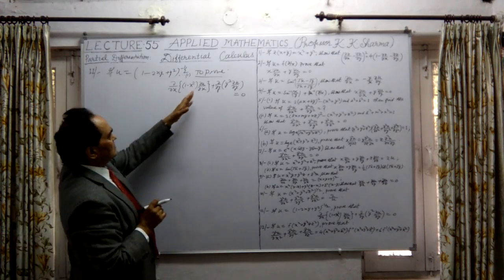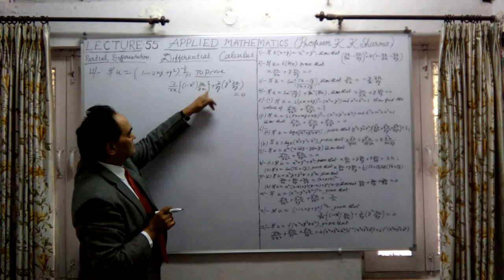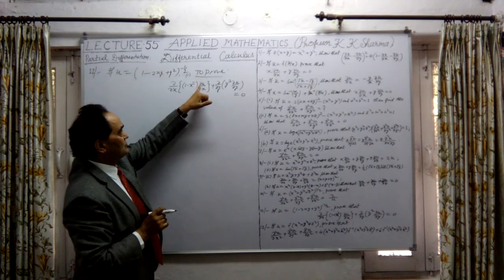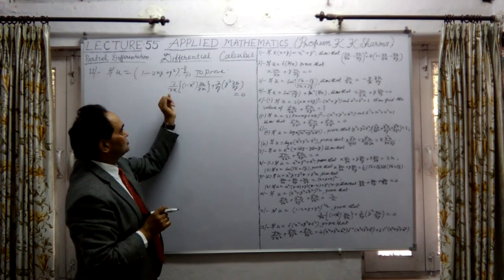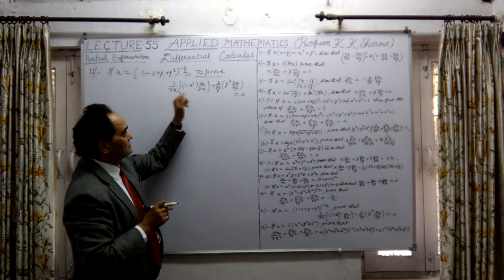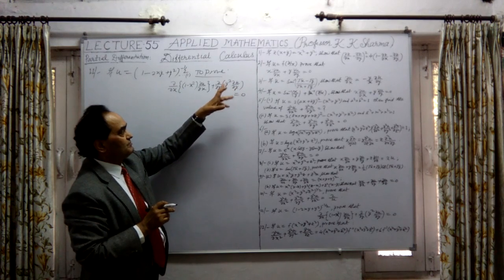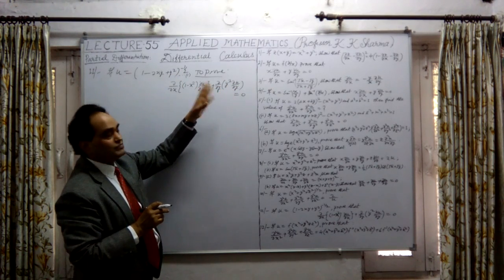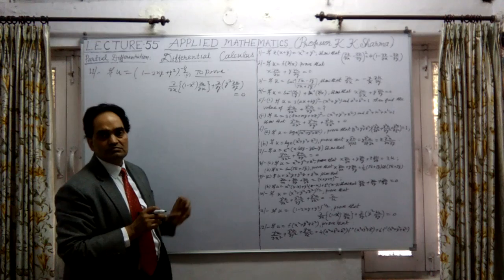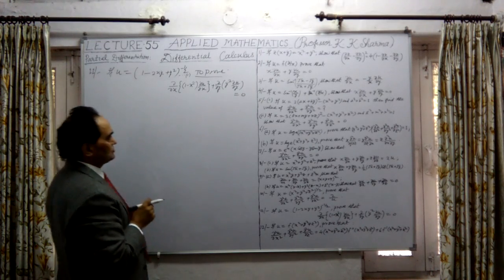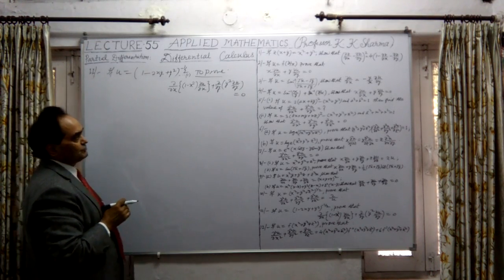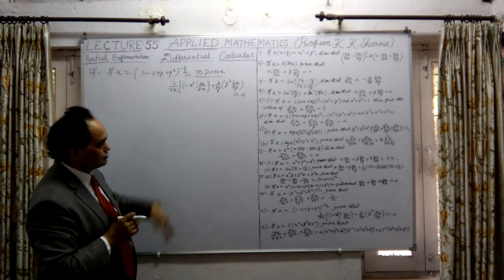Whatever the resultant is after multiplying 1 minus x square with del u del x, that is to be further differentiated with respect to x. Similarly, after multiplying y square with del u del y, we again differentiate with respect to y. So we have to find the second derivative here.